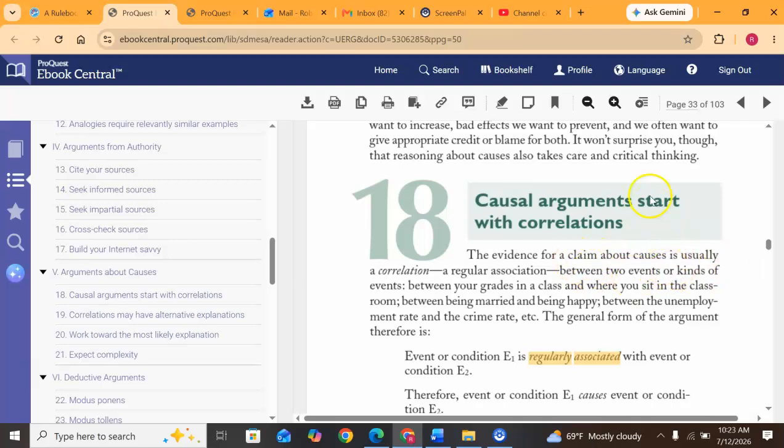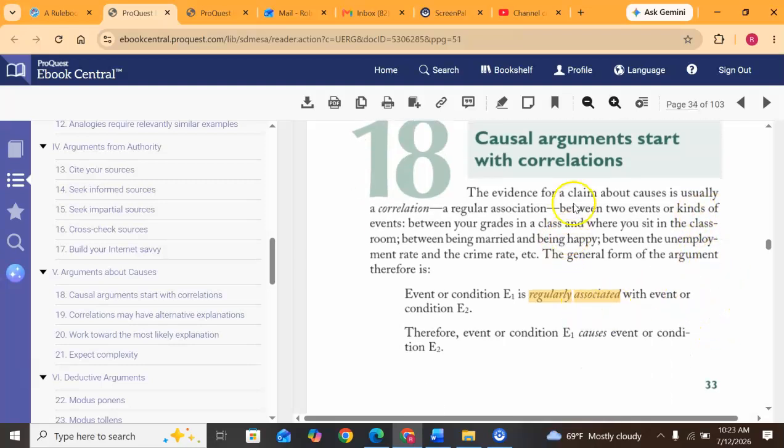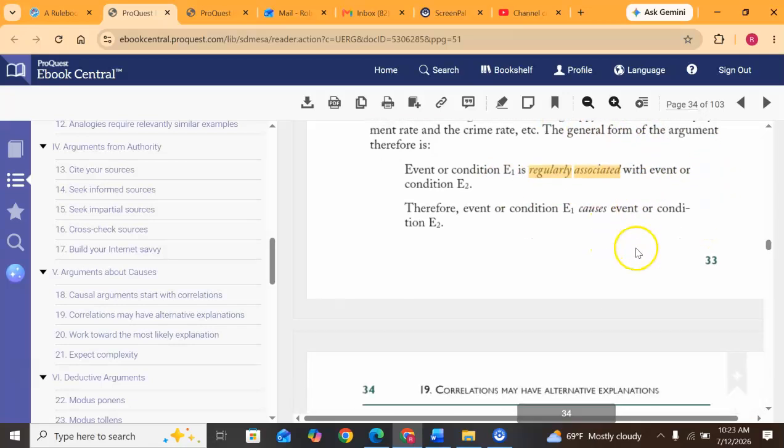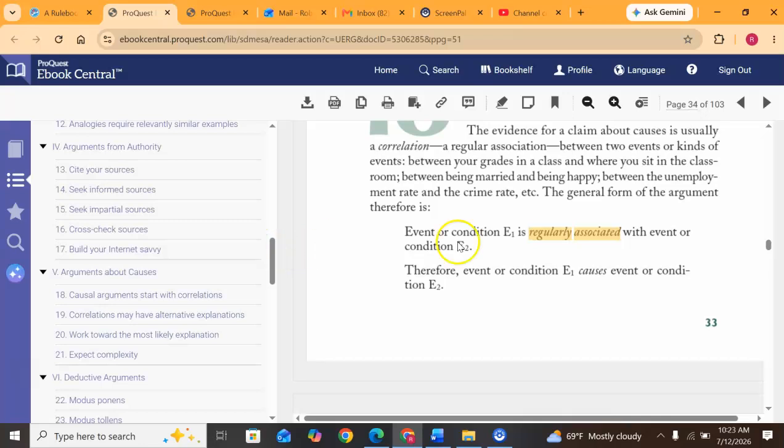Correlations are a little bit easier, don't require as much work to prove it. You just have to prove there's a relationship. Look at the word, correlation. Relation's right there in the word, right? So that's where Weston goes here. Regularly associated, that's a correlation. Easy argument to make.